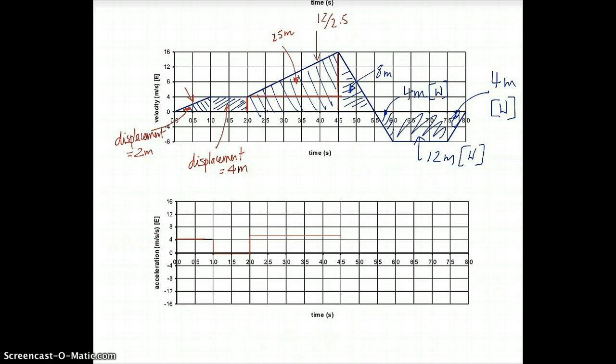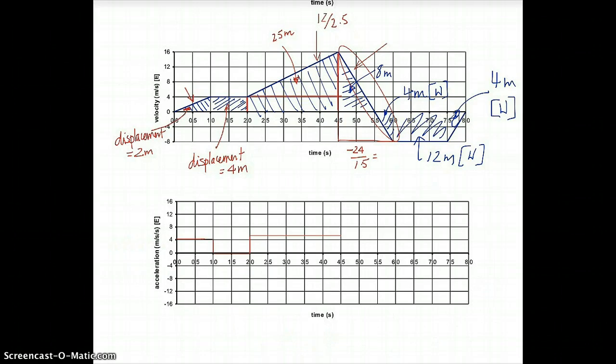Okay, and then we get to the negative slope. So the entire segment from 4.5 seconds to 6 seconds, this entire segment here, is the same slope. So if I find the slope of this segment using rise over run, the rise is actually a fall, and if I make my triangle go all the way down to the bottom here, the fall would be 16 plus 8, which is 24. So the slope would be negative 24, and then the run would be 1.5.